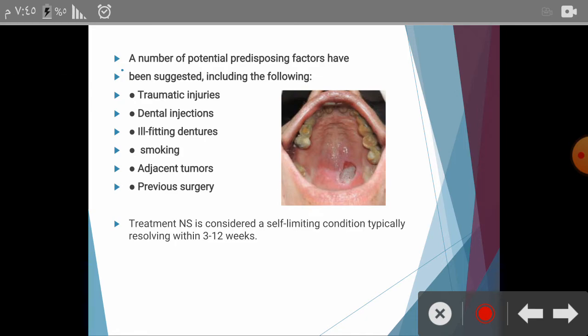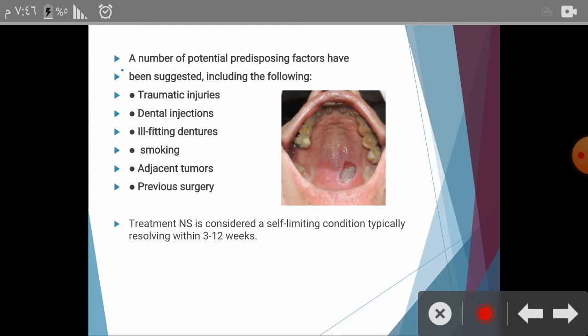A number of potential precipitating factors have been suggested, including traumatic injury, dental injection, ill-fitting denture, smoking, adjacent tumor, and previous surgery.